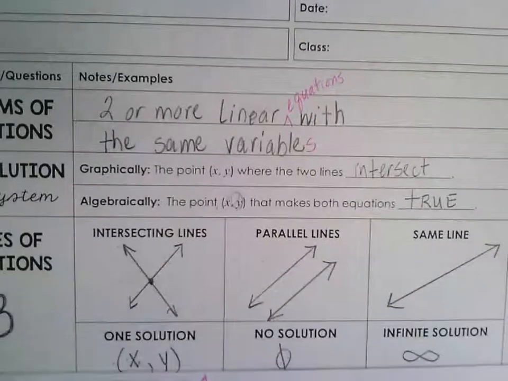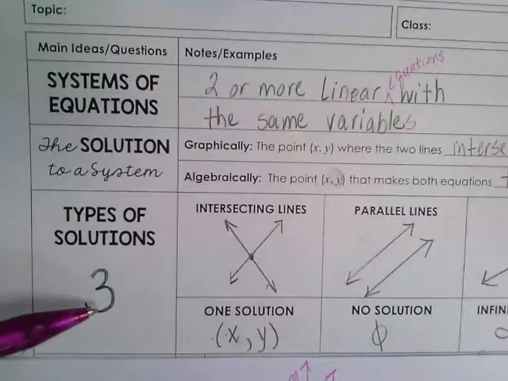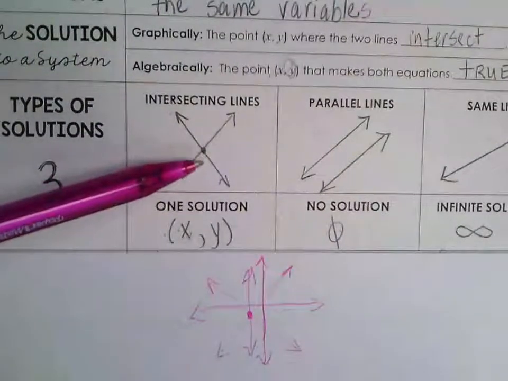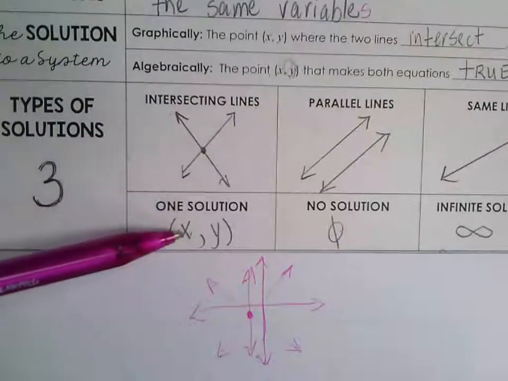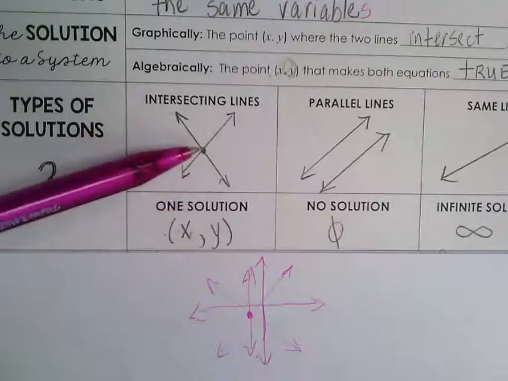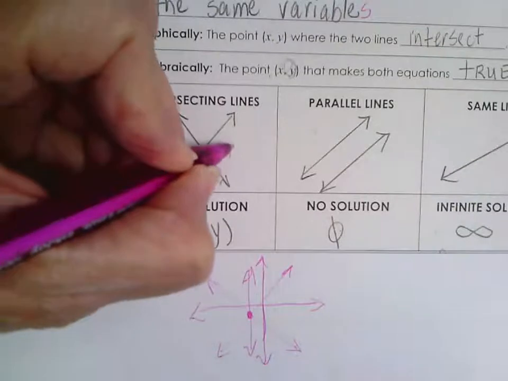However, there's three different types of solutions that you can actually have. The intersecting lines will result in one solution, and that is the coordinate pair x comma y, whatever those values end up being at this point here. So this is xy.